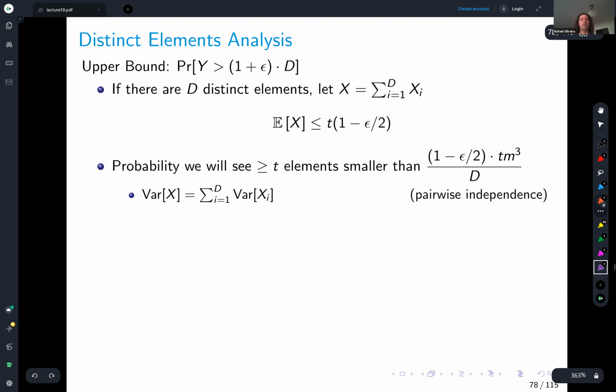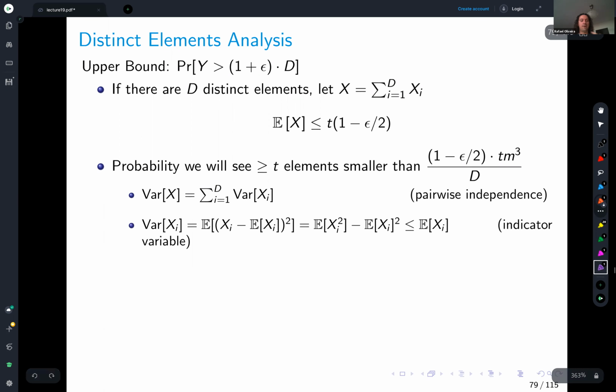And to use Chebyshev, we need a control of the variance. But again, that's easy, because the variance of x is equal to the sum of the variances of the x_i's, and all of these x_i's are identically distributed. So we just need to compute one of those.